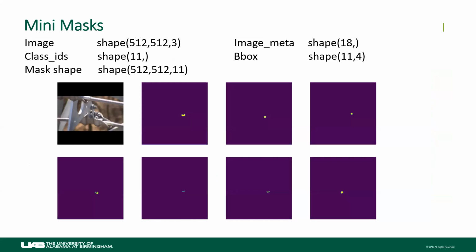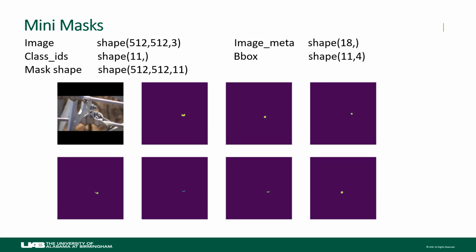We need to minimize the masks. The masks will be very large if we train on high resolution images. For example, if you train on 1024 by 1024, one instance of one mask will be 1 MB.